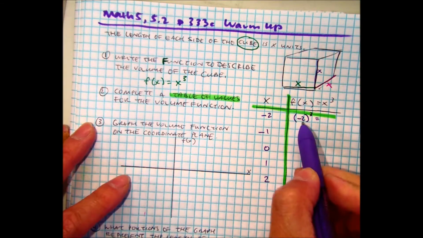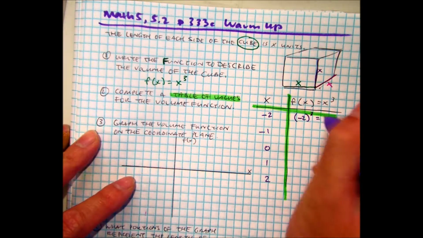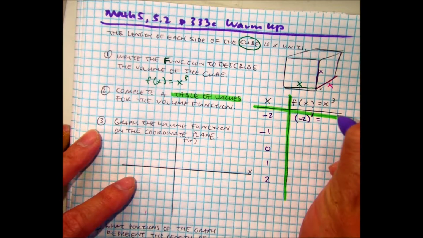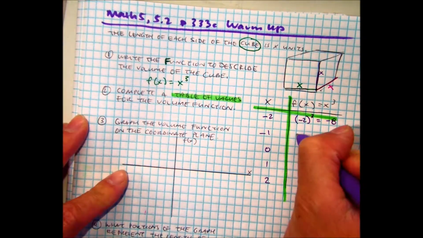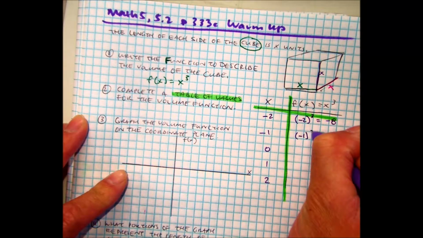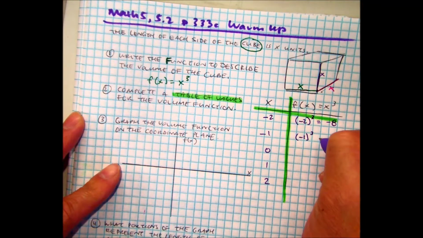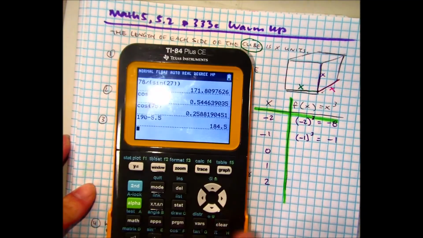Class, what's -2 times -2 times -2? Negative what? Class, what's -1 times -1 times -1? Now, if you get stuck on that, calculator.